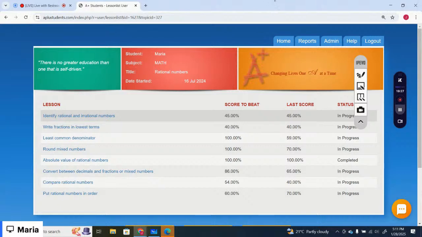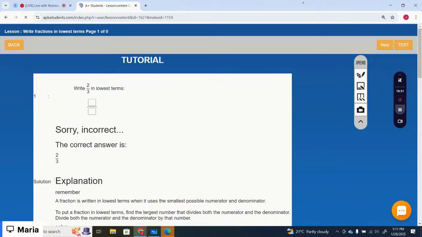The next lesson is write fractions in lowest terms. So let's start with the lesson. Is 2 by 3 in the lowest term?